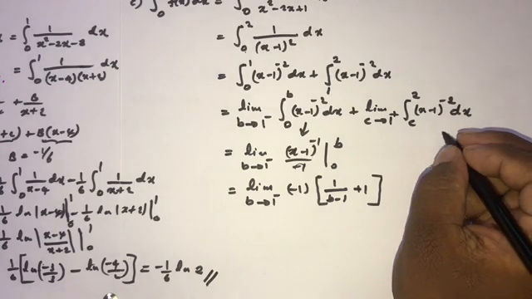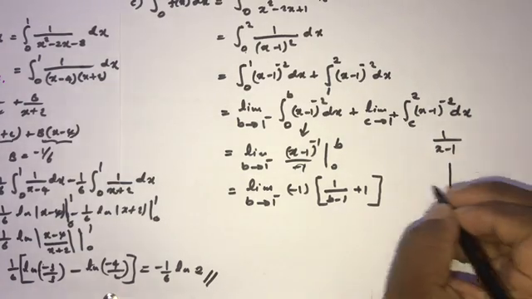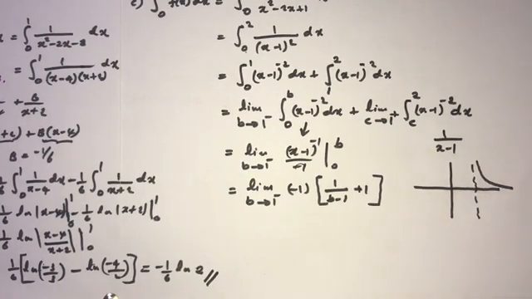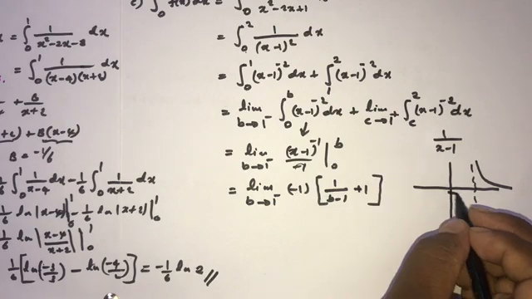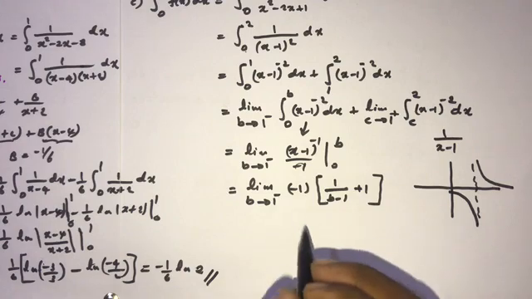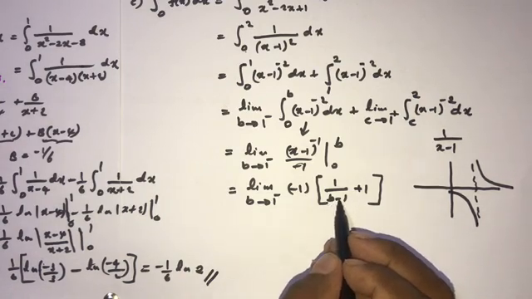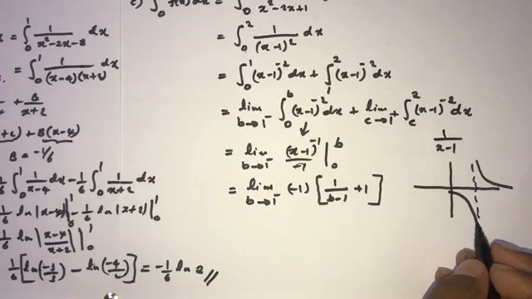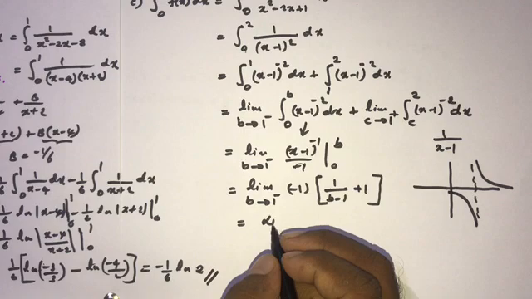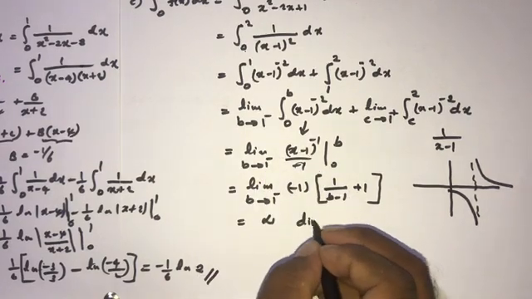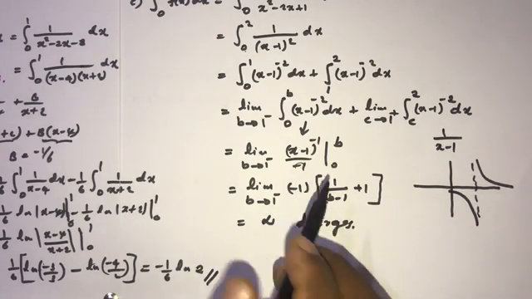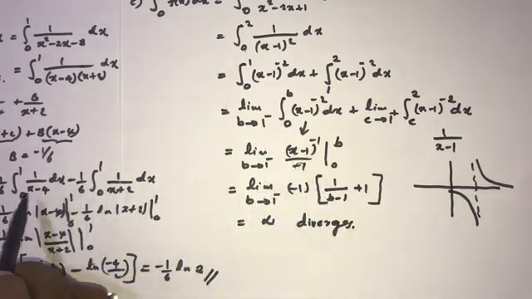Okay, now here 1/(b-1), here limit b approaches 1. So if we look at the graph of 1/(x-1), we know the graph is like this. So now if we plug in 1, we know this is equal to, from the left-hand side, minus infinity, here minus sign, so we know this is equal to infinity, so we know this diverges.